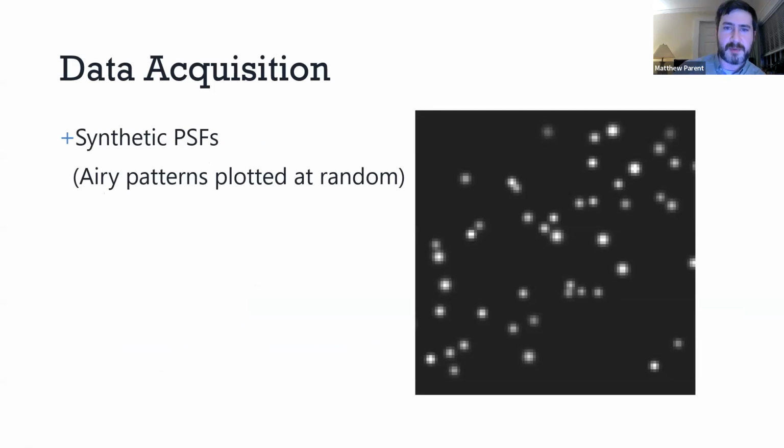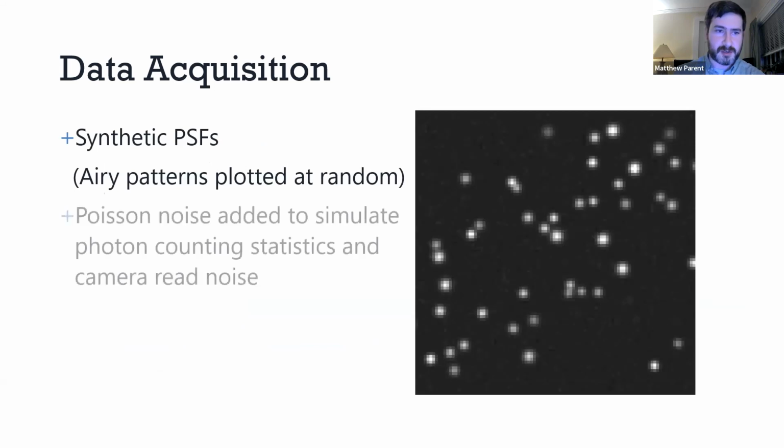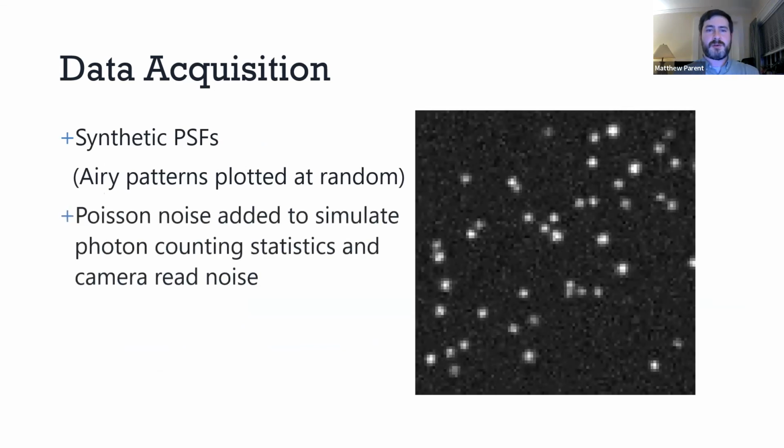I'm going to corrupt that with Poisson noise to simulate photon counting statistics. When a fluorescent molecule gets excited, it emits a photon in a random direction, so it's not always going to be a smooth, nice, clean point spread function that you see.